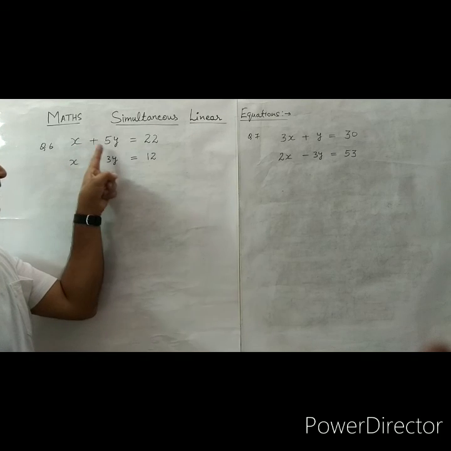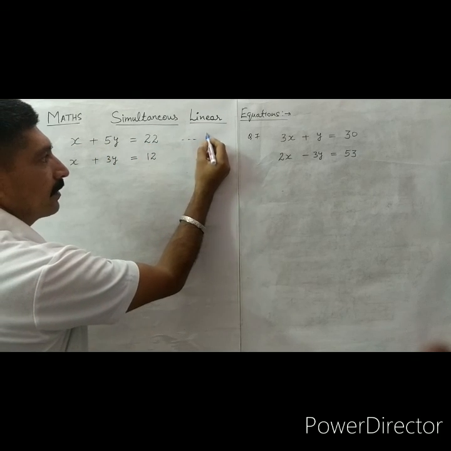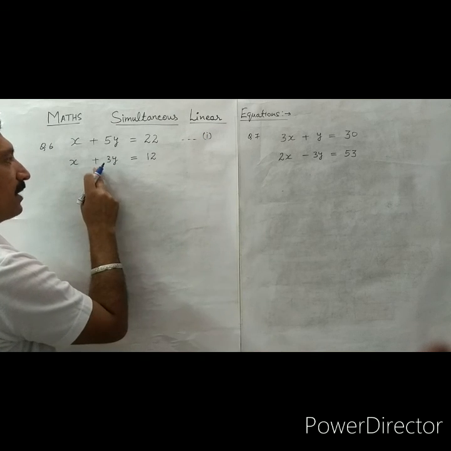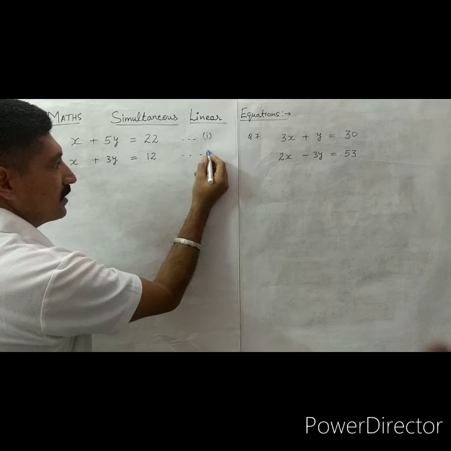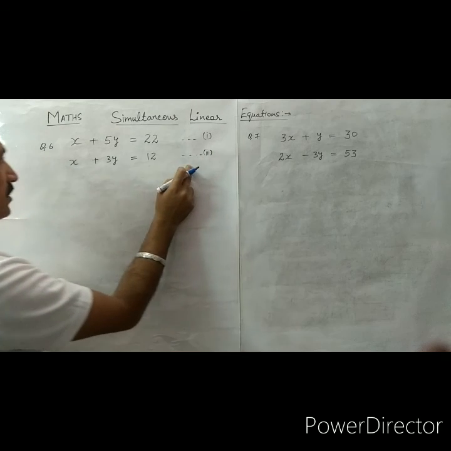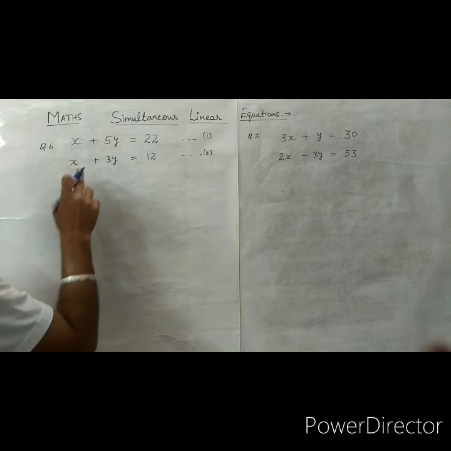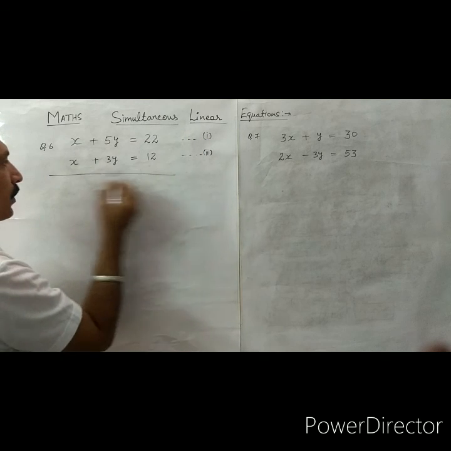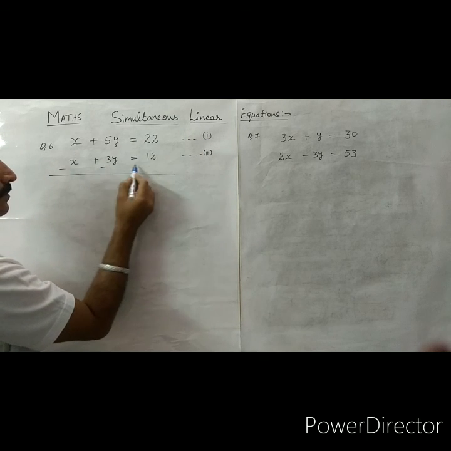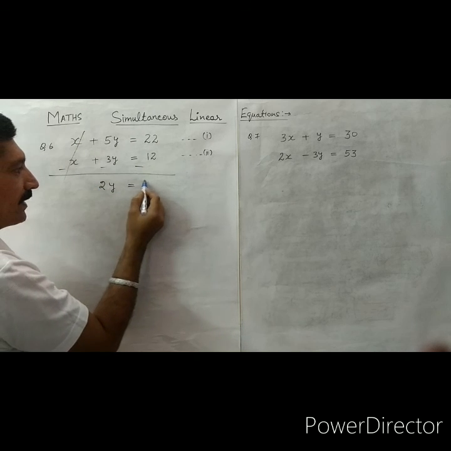Question number 6. Here x plus 5y is equal to 22, and this is equation number 1 here, and x plus 3y is equal to 12. So in these two equations we have the same coefficient of x. So subtracting the second from the first equation, we get 2y is equal to 10.